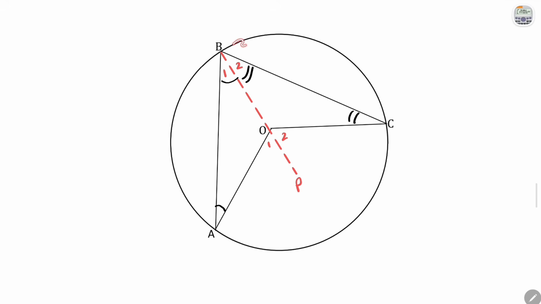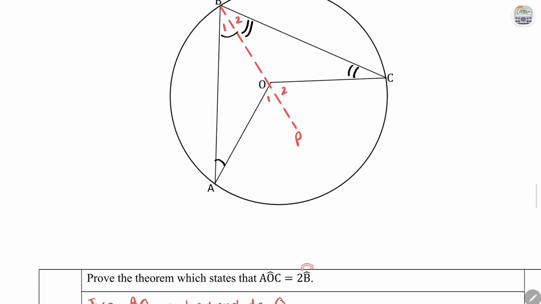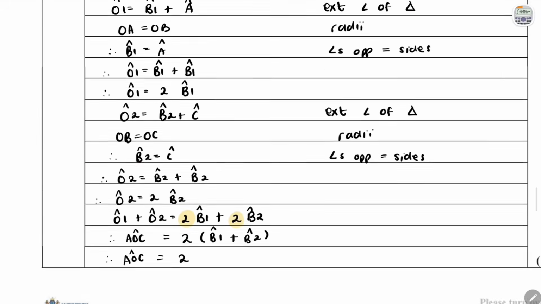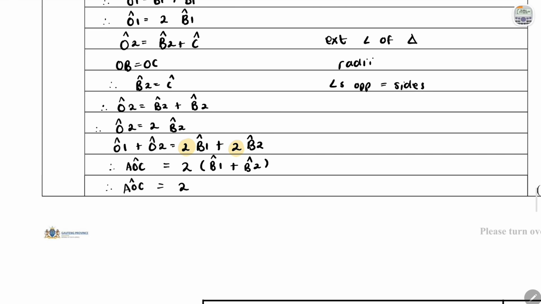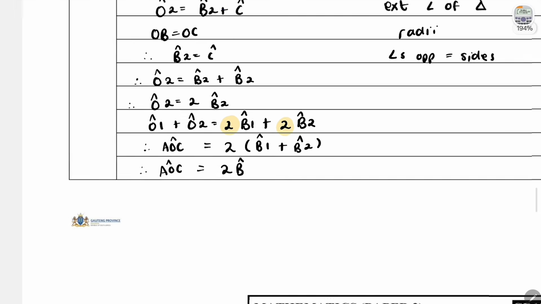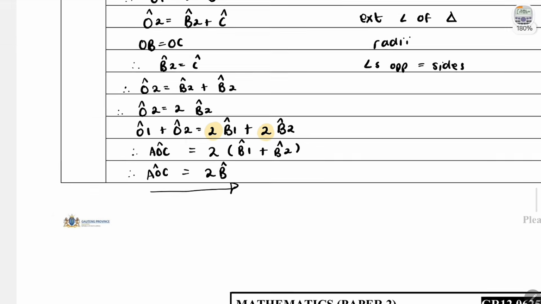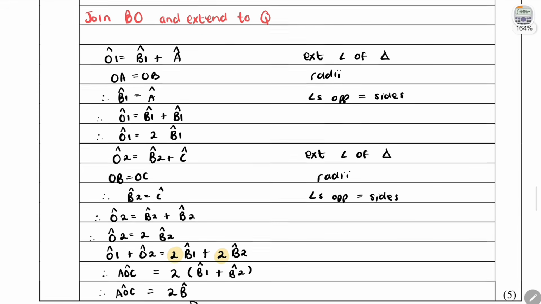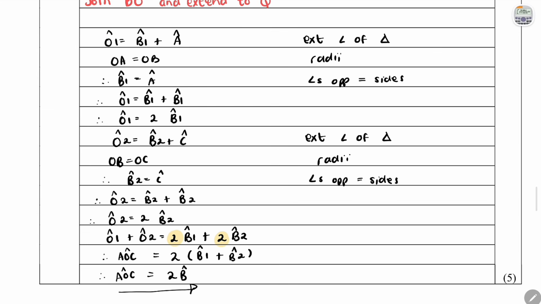Do you see that if you join these angles together, you get that angle they were referring to in the proof, angle B. So it means that angle AOC is equal to twice angle B, twice the size of angle B. And that is our answer, and that is our proof, and that's how we prove this theorem. Okay, moving on to the next question.